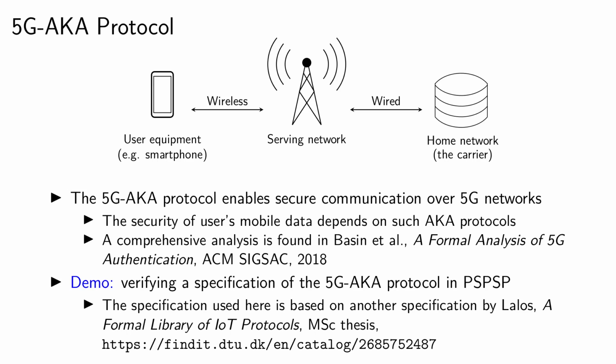The user's device communicates directly and wirelessly over an initially insecure 5G network, first to a cell tower. This is a serving network in the figure, and the serving network then communicates with the carrier over a wired connection. To protect the user's data, the 5G AKA protocol aims to mutually authenticate the user with the carrier and to establish a secure channel between the user and the serving network.